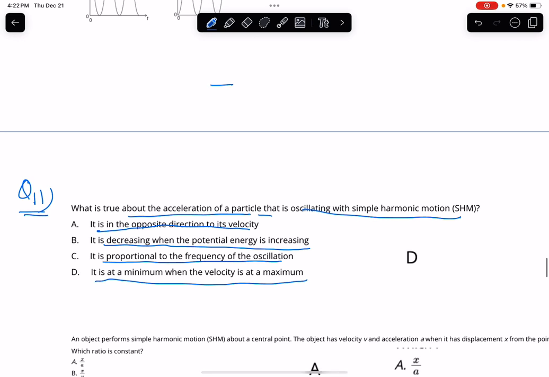For all of these statements, we look at our simple pendulum. A simple pendulum, once again, is not a perfect example of SHM. It's a good approximation, and that's why we look at it. Even more than an approximation, you can visualize it.